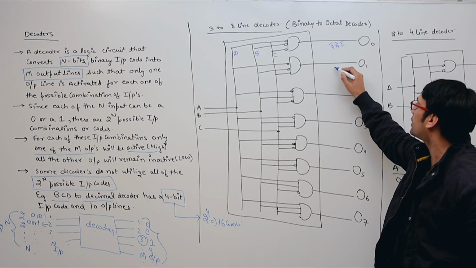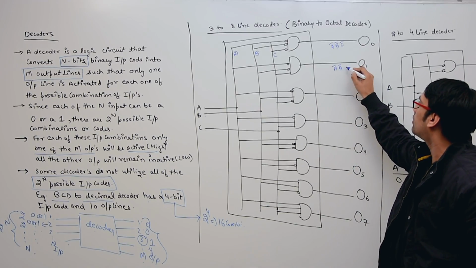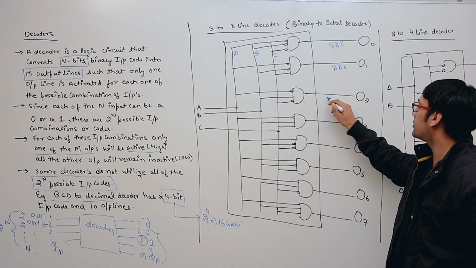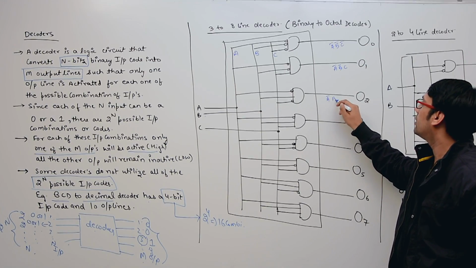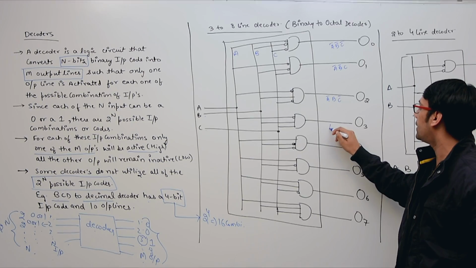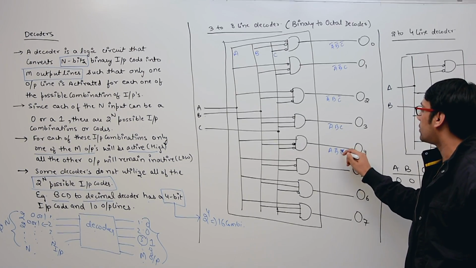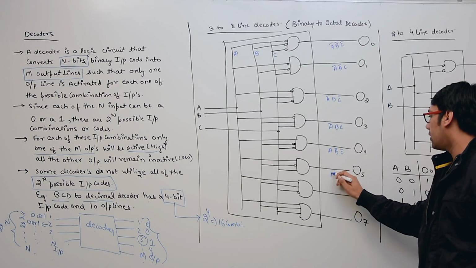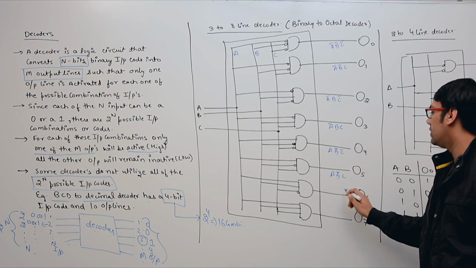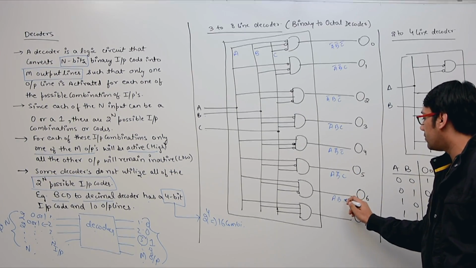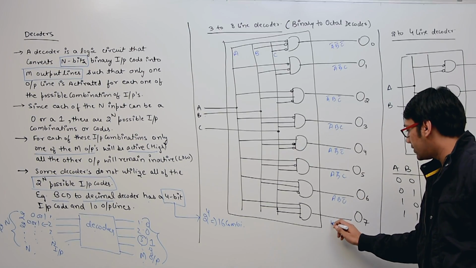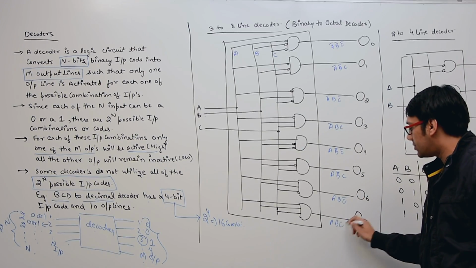This output represents A complement, B complement, C. This output represents A complement, B, C complement. This represents A complement, B, C. This represents A, B complement, C complement. It represents A, B complement, C. This one represents A, B, C complement, and this one represents A, B, C.